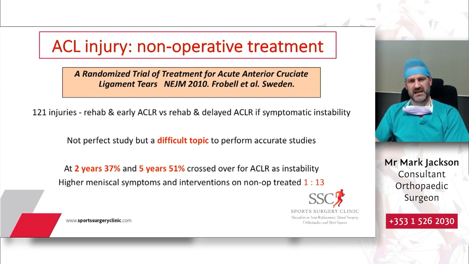But it's as good as it gets here, this study, and it does demonstrate really that there's a very high level of failure, and most individuals will end up electing to get a cruciate ligament procedure. There are also much higher cartilage tears and interventions for cartilage tears over that period of time by a factor of about 13.